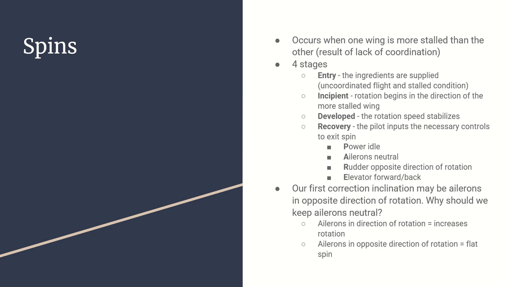So as long as it's intentional and done safely, recovery shouldn't be a problem as long as you implement the correct steps, right? But when we are out flying altogether, this is something we just don't want to deal with because if we're out training, working on stalls, and we don't have enough coordination, well, we're not going to have those 6,000 feet to recover, right? And it might take us some time to recover, right?